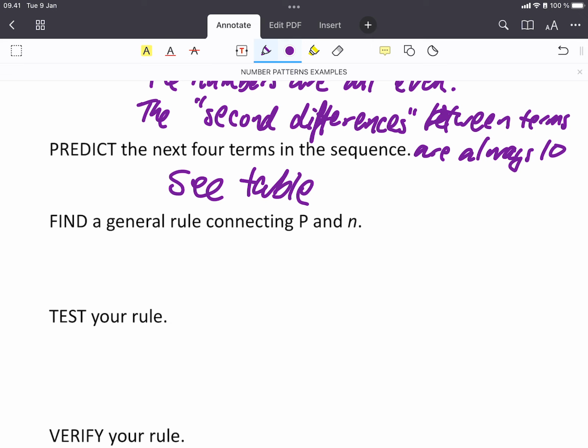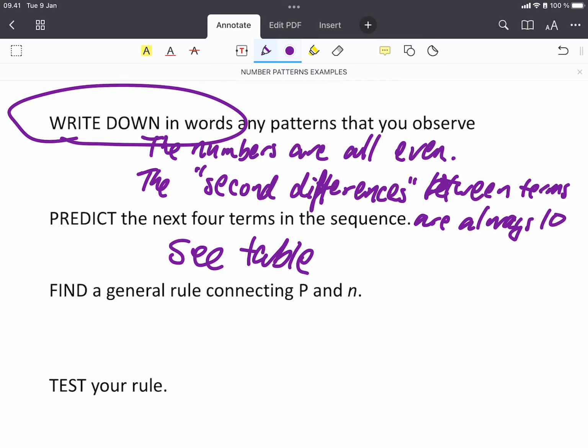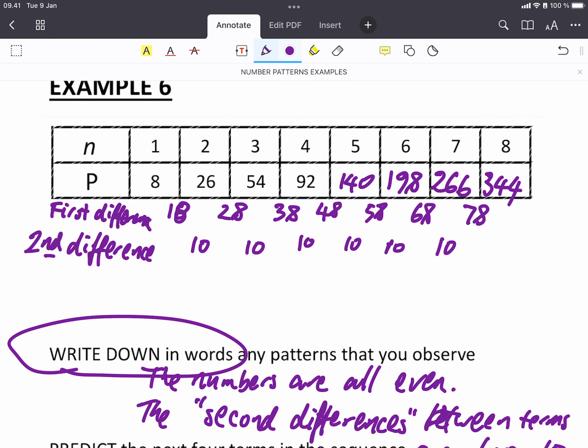Okay, so here's going to be the tricky thing. Find a general rule connecting P and N. Well, I mentioned in the previous example that the second differences give you a clue to the amount of n squared. So the fact that the second differences are 10 every time tells you that the rule is going to have a 5n squared somewhere in it.